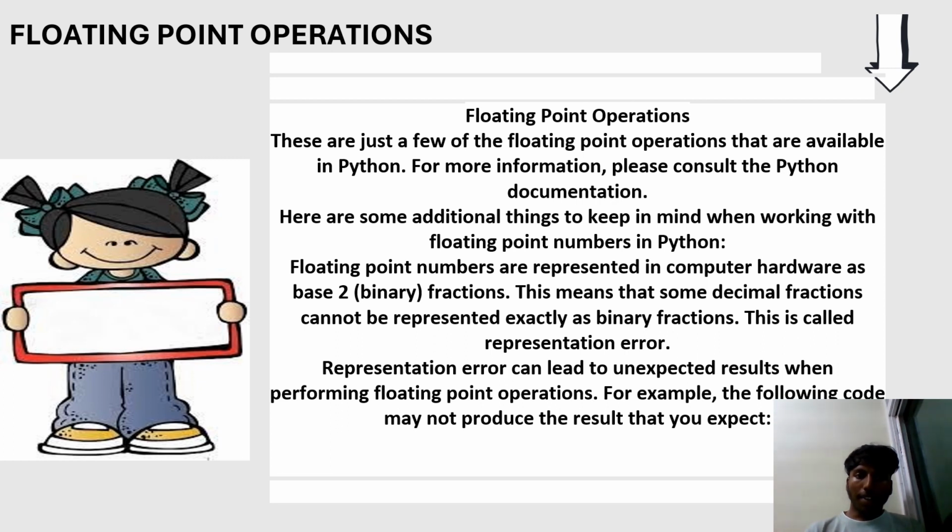Floating point numbers are represented in computer hardware as base 2 binary fractions. This means that some decimal fractions cannot be represented exactly as binary fractions. This is called representation error. A representation error can lead to unexpected results when performing floating point operations. For example, the following code may not produce the exact result.